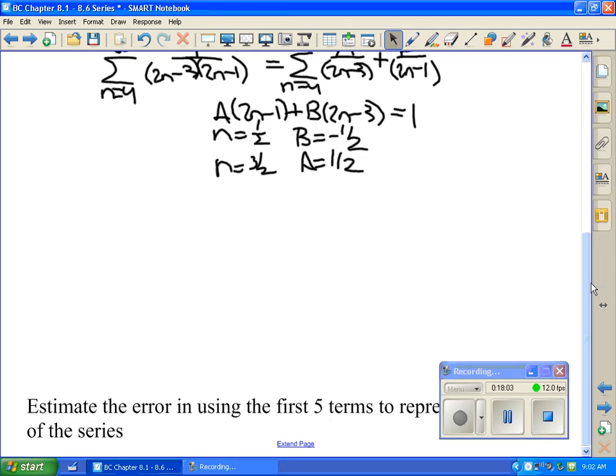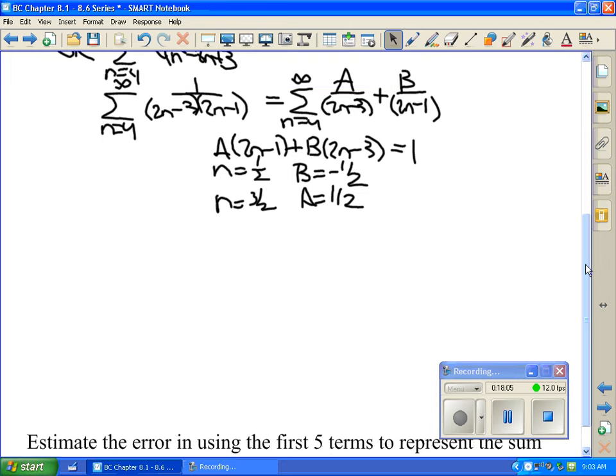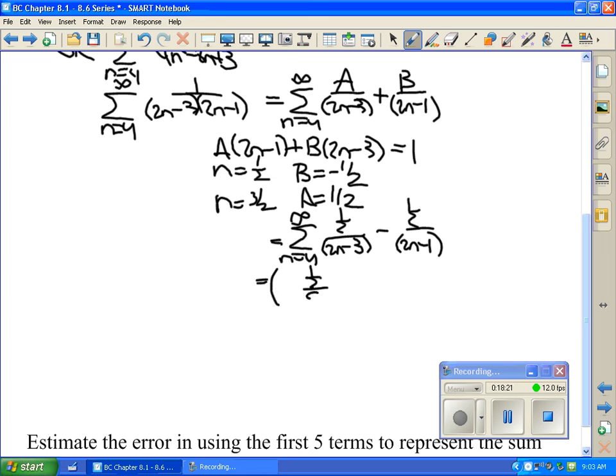If I substitute those in, I have the summation from n equals 4 to infinity of 1/2 over 2n minus 3 minus 1/2 over 2n minus 1. Substituting in n equals 4, my first term is 1/2 over 5 minus 1/2 over 7.